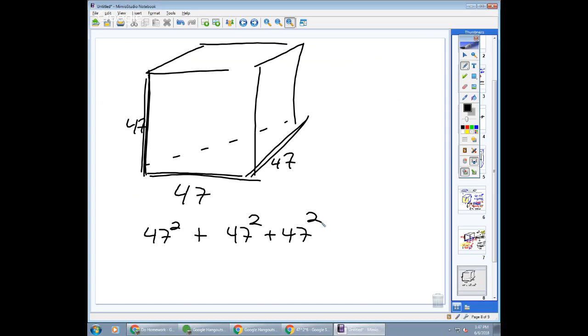Each of those 47s represents another way to get from this point to that point. Either I can take the shortcut along the diagonal, or I can travel 47 this way, 47 that way, and 47 that way. And that's each of those distances right there. So the cool thing about this is a three-dimensional Pythagorean theorem.